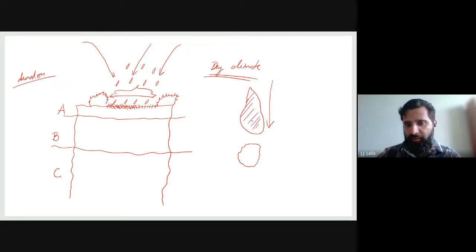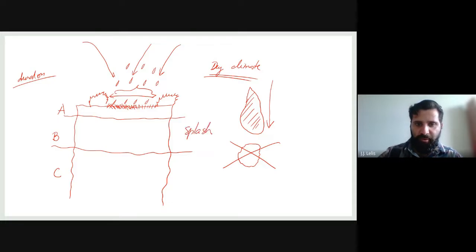So when the raindrop reaches this aggregate, it just breaks it. So it's very common in soils with a lot of exposed surface in dry conditions that the surface horizon suffers the splash effect, the destruction of the pads on the surface.